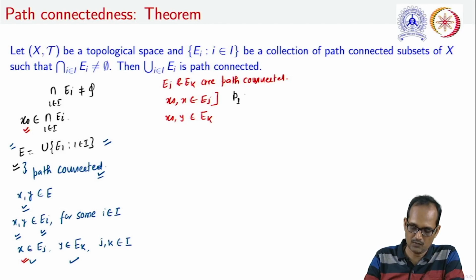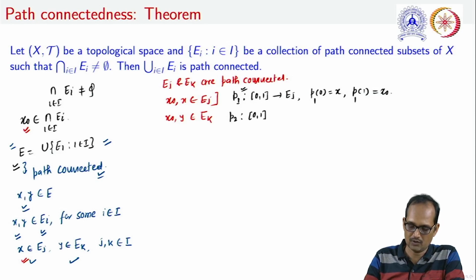Let us take this as p_1 from the closed interval [0,1] to E_j, satisfying p_1(0) equal to x and p_1(1) equal to x_0. Note that this p_1 is a continuous function. Similarly, there exists a continuous function p_2 from the closed interval [0,1] to E_k, such that p_2(0) is equal to x_0 and p_2(1) is equal to y.